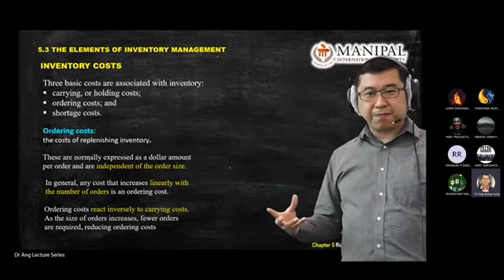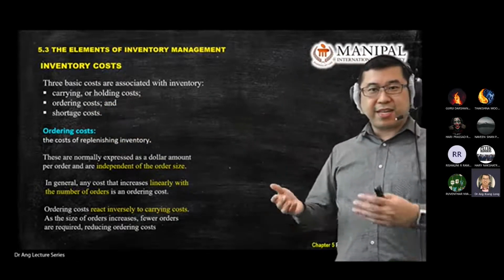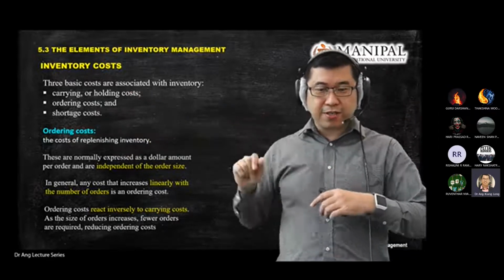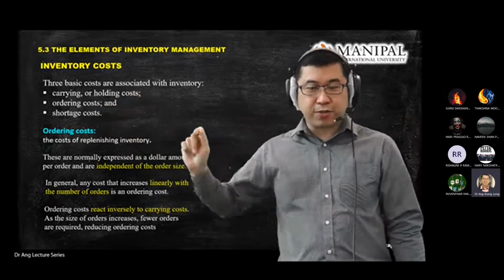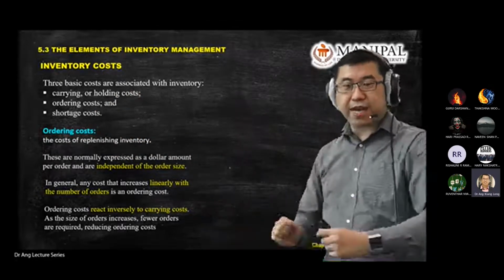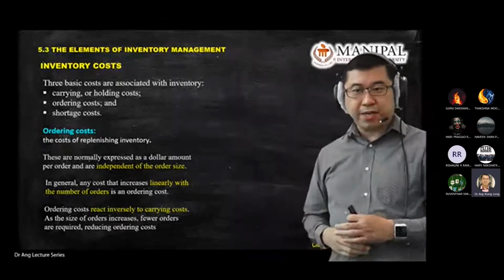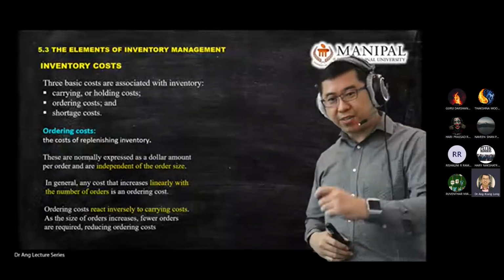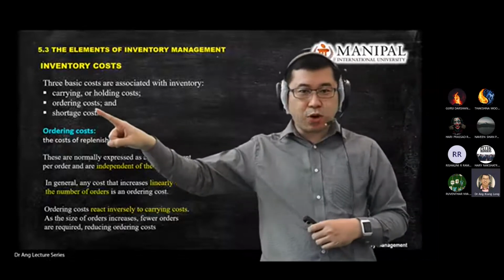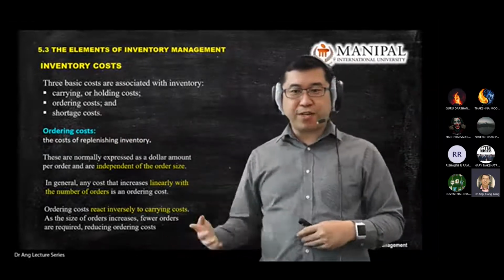Make sense? Let's say the fridge can store 500 packets of meat, and every time you buy 100, 100, 100. So every time you need to order, the cost is 400, 400, 400.